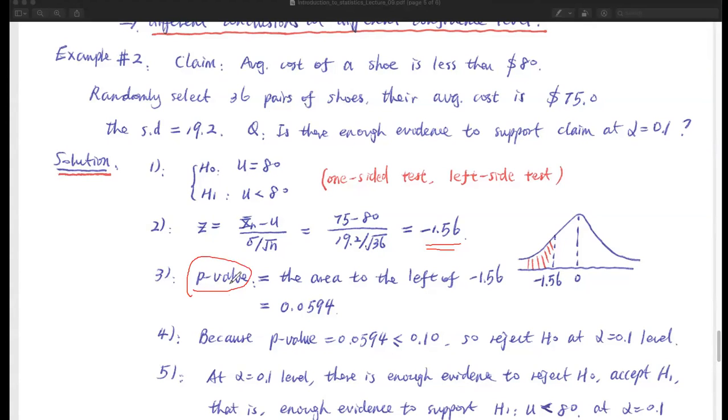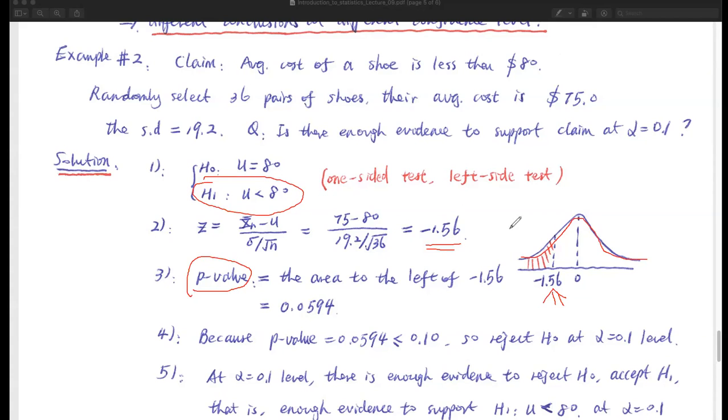So number 3, find out the p-value. It's coming from where? From a table, the z-table, the standard normal table. Negative 1.56 is somewhere here. Now we have to decide: is it something to the left, to the right, or both sides? How do we determine that? The p-value is determined by H1. What does H1 tell us? H1 is less than 80.